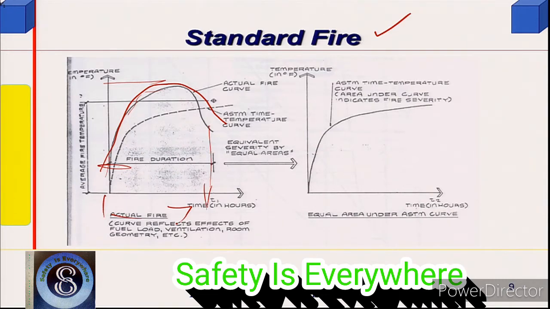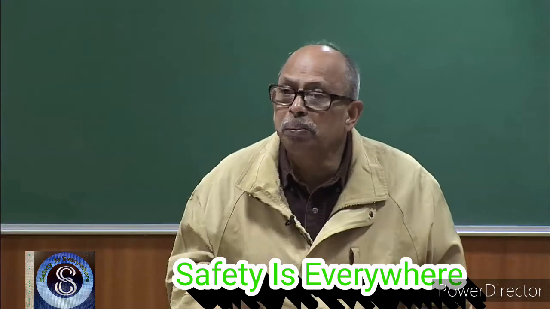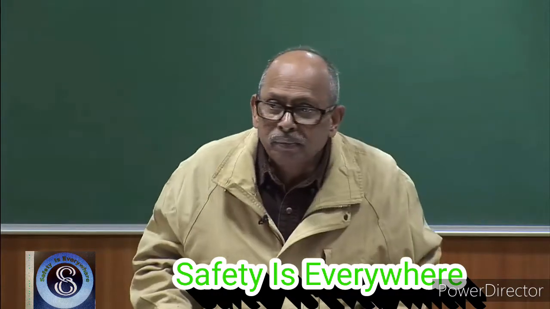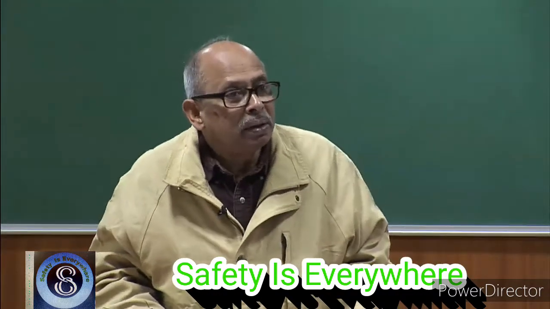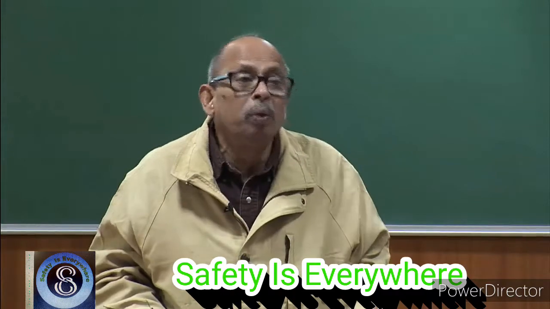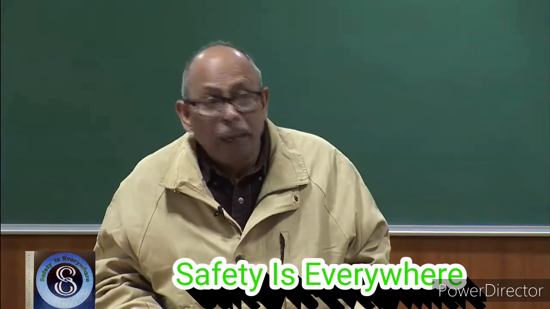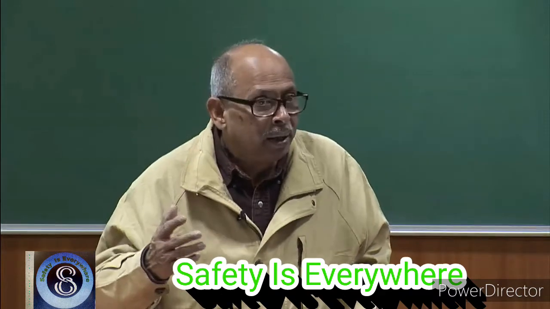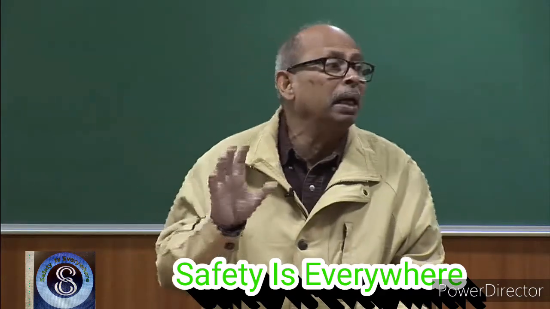Now, the standard fire was basically arrived at by consensus of people, like you have loads. If you look at the loads that you take in buildings, of course, for bridges things could be different, because they are more or less the vehicle.